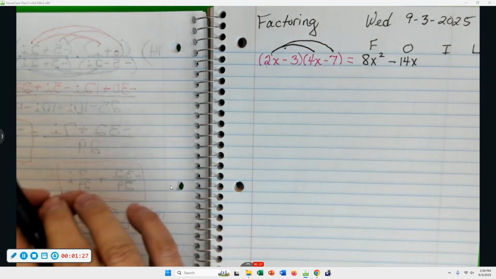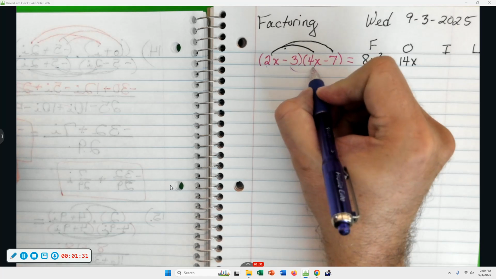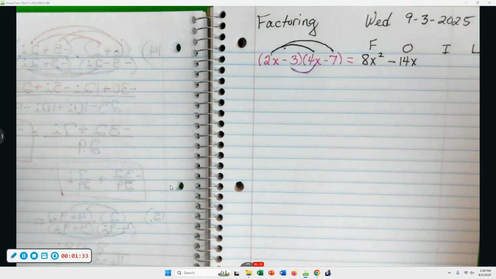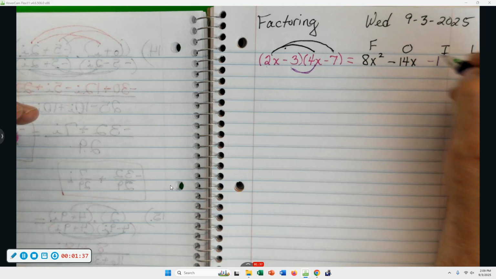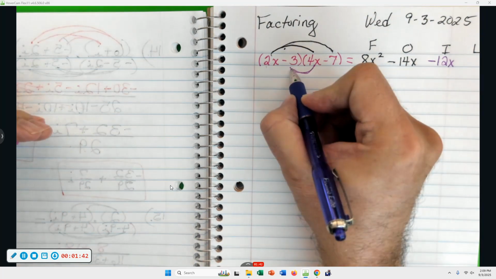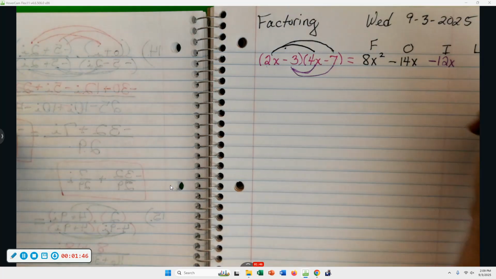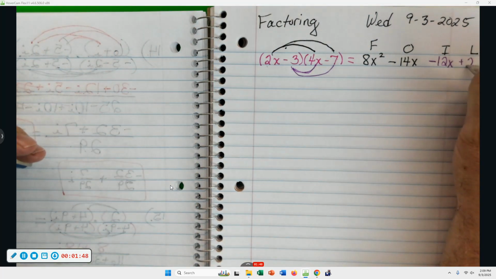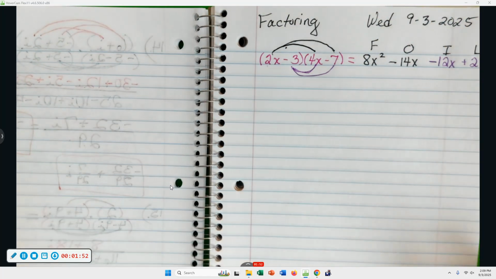Then the inner is minus 12x. And the last one is negative 3 times negative 7, positive 21. Now remember, none of that i squared is negative 1 or anything.